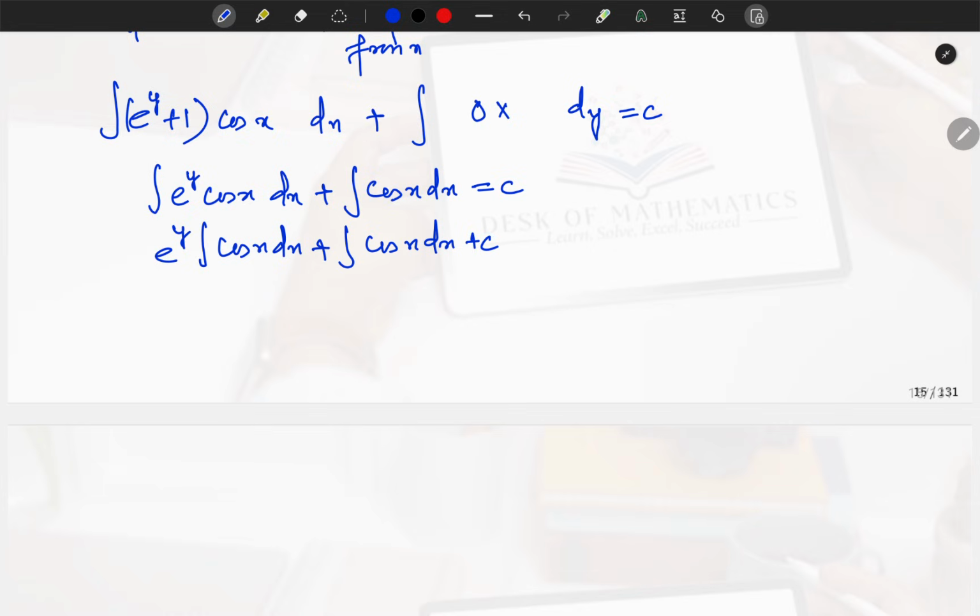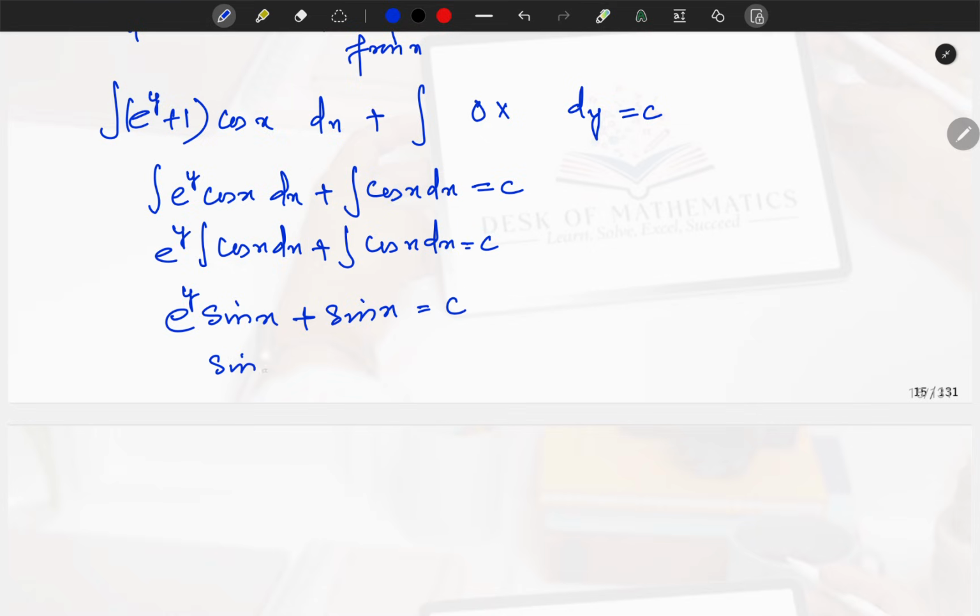Okay, so you have to solve this. What is the integration of cos? That you know, that is sine, so you will write it here, e^y sin x plus sin x is equal to c.